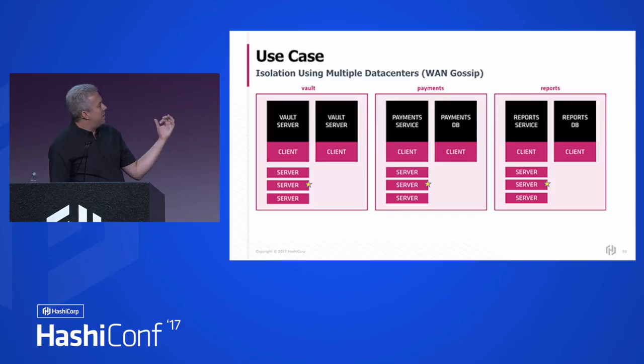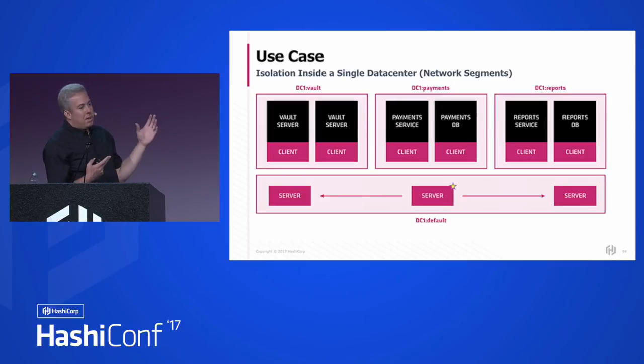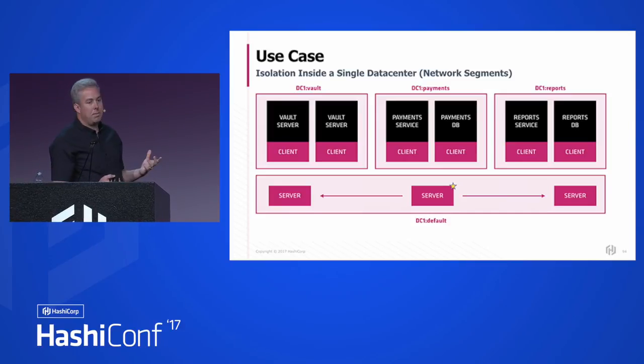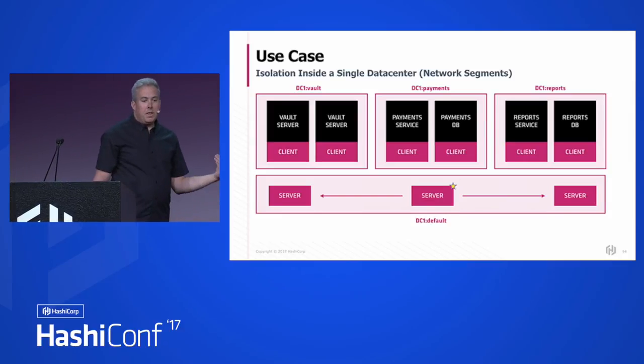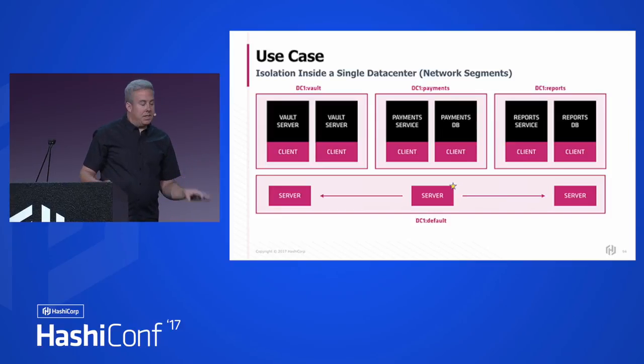In our previous slide, within a data center, we were running a bunch of different clusters just for isolation. We had to run 3 sets of servers for each one. This is a more cost-effective version of that configuration using network segments. We have one shared set of Consul servers in the default segment, and then I've created 3 other segments for the Vault, Payments, and Reports apps. Those are all distinct segments.